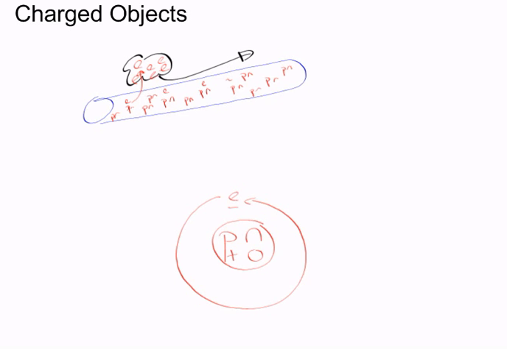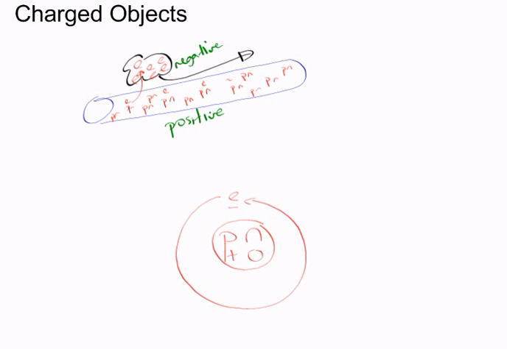Now, if we have too many protons, then the whole thing can be deemed to be a positive charge. So this thing is now positive. The wool actually has too many negative electrons, so it is now negative. So we now have some charged objects.